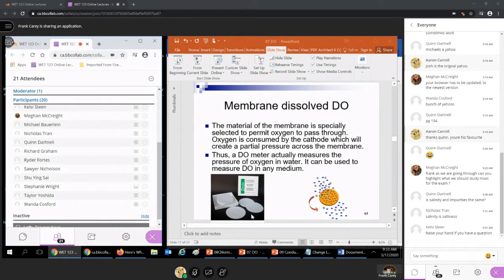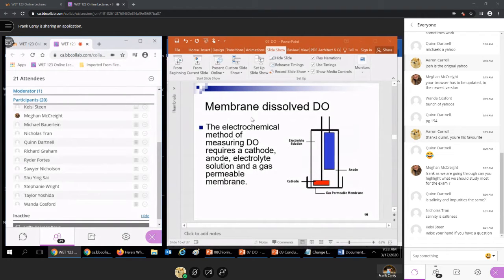So water molecules will not, they're too large to pass through. So yeah, the oxygen molecule will be able to permeate this membrane. So the membrane dissolved oxygen uses this permeable membrane to allow the oxygen to pass through.